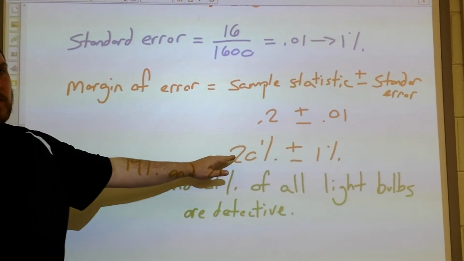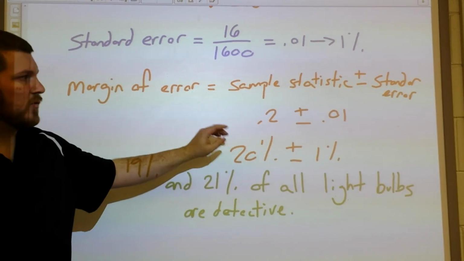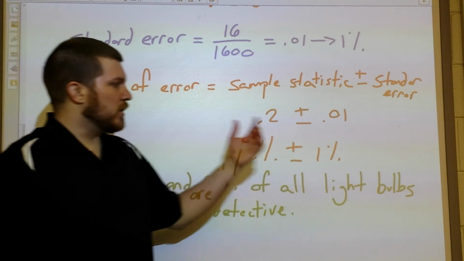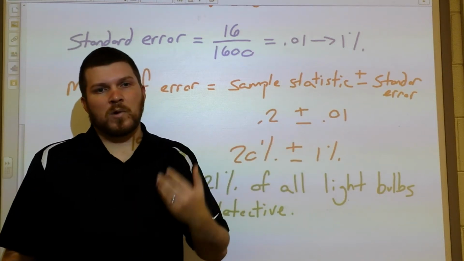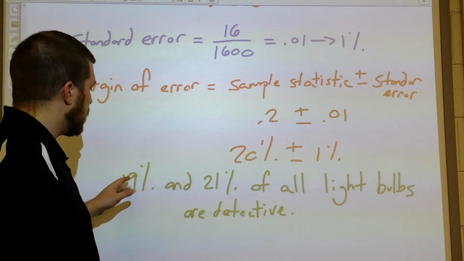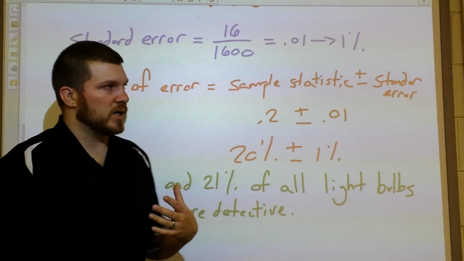Again, 20% was given to us in the problem, so the plant manager says we expect 20% of all light bulbs to be defective. We went farther and asked, can we get any closer? What confidence can we give in that? So we had a 1% margin of error, so 19 and 21% is really where the true value is going to lie.